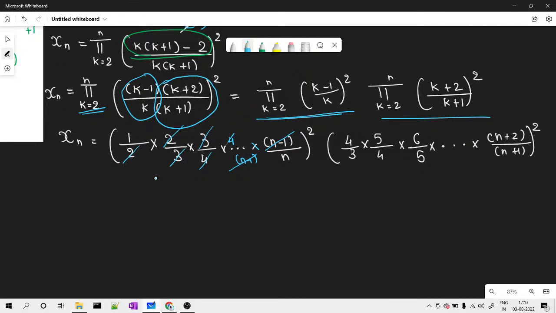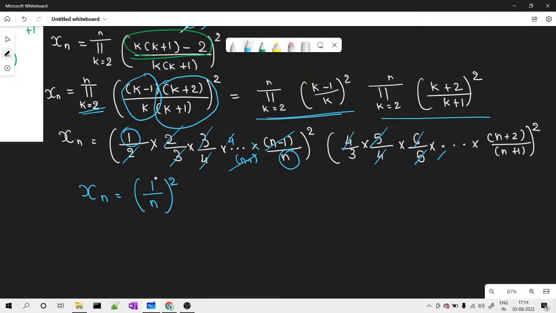So what am I left with? I'm left with 1 in the numerator and n in the denominator. So my xn is nothing but, in the first term, (1 by n) the whole square. Let's go for the second half. The 4 in the numerator cancels with the 4 in the denominator of the next, 5 with the 5, 6 with the 6.